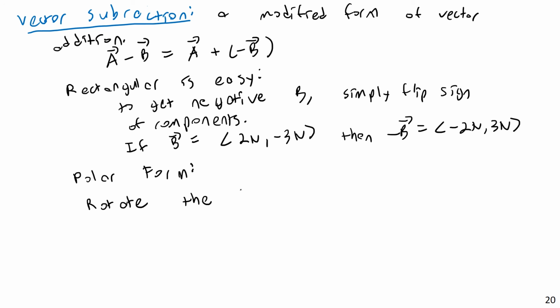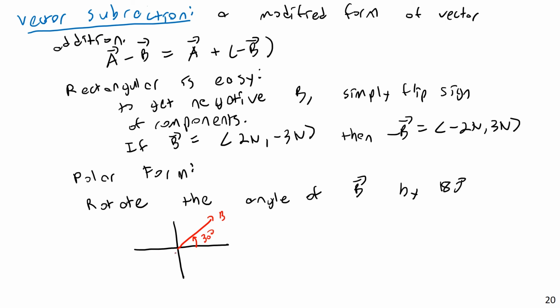So if you had a coordinate system with x and y, and your original b was in the first quadrant at an angle of, say, 30 degrees, the negative b would be down here, at a global angle of 210 degrees.